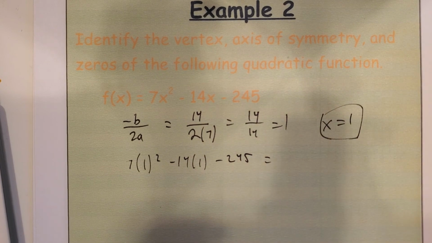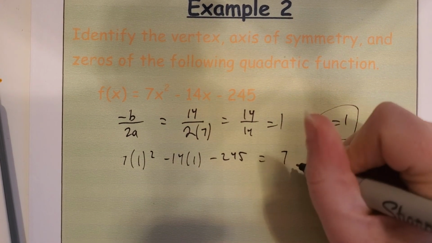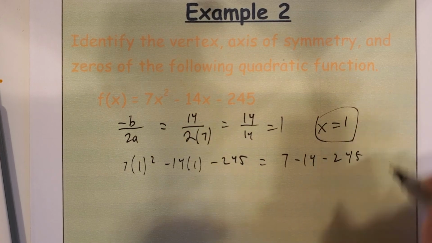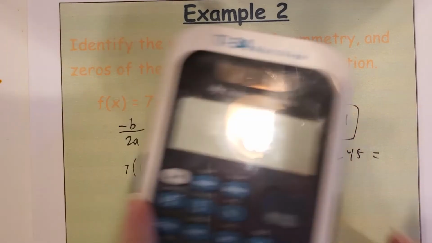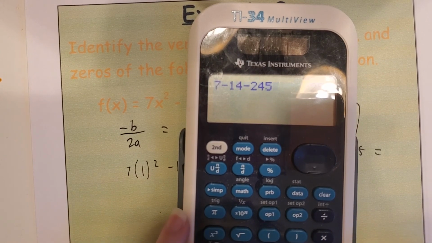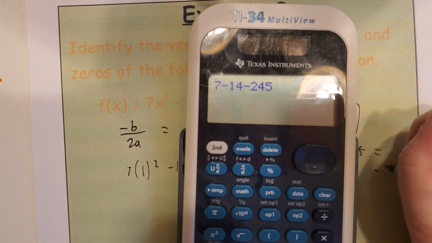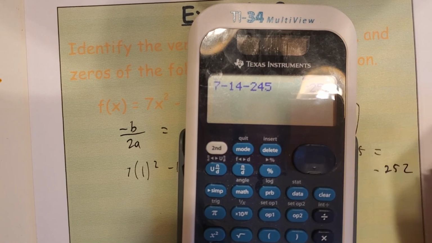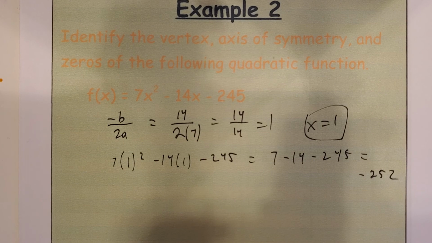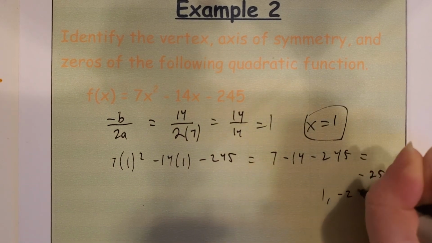So 1 squared is 1, times 7 is 7, minus 14, minus 245. This is probably going to be a pretty big number. Let's see. Yeah, so this is -252. I would never ask you to plot something like this, but you can at least figure out that your vertex is (1, -252).